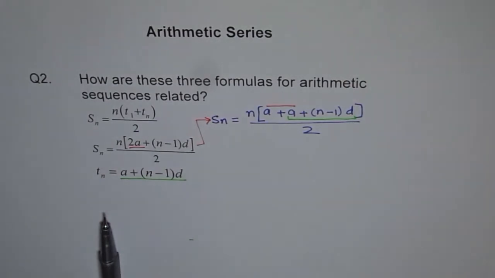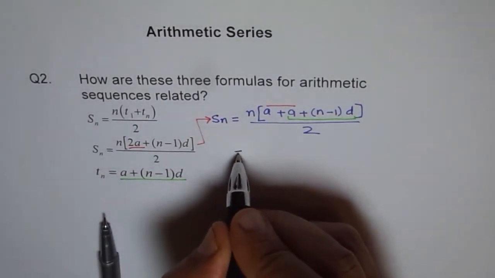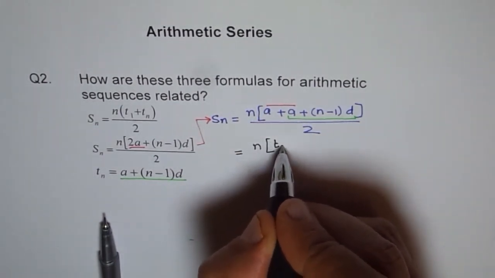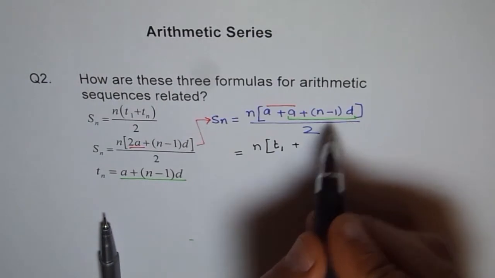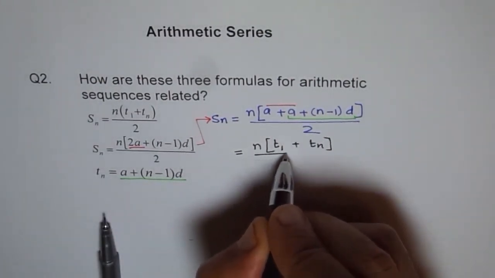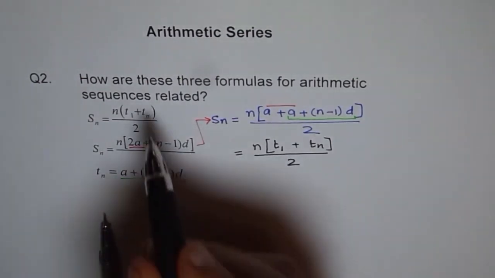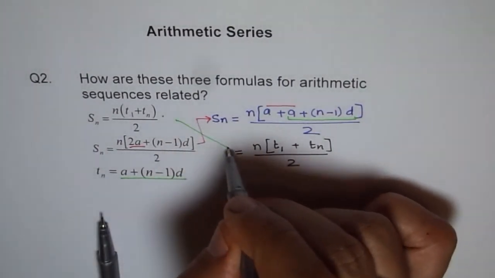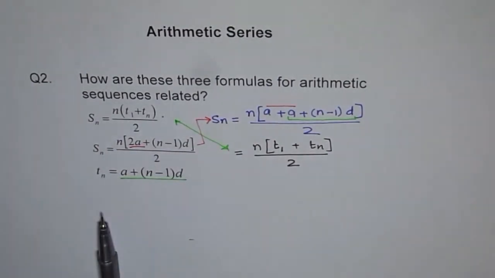So I could write this as n times (t1 plus Tn), where a is the first term t1 and all of this is Tn, divided by 2. What do I get? I get my first formula. Do you see the relation? How the same thing is written in a different form. Do you agree with me? That's how you should be looking at it. It's exactly the same thing.